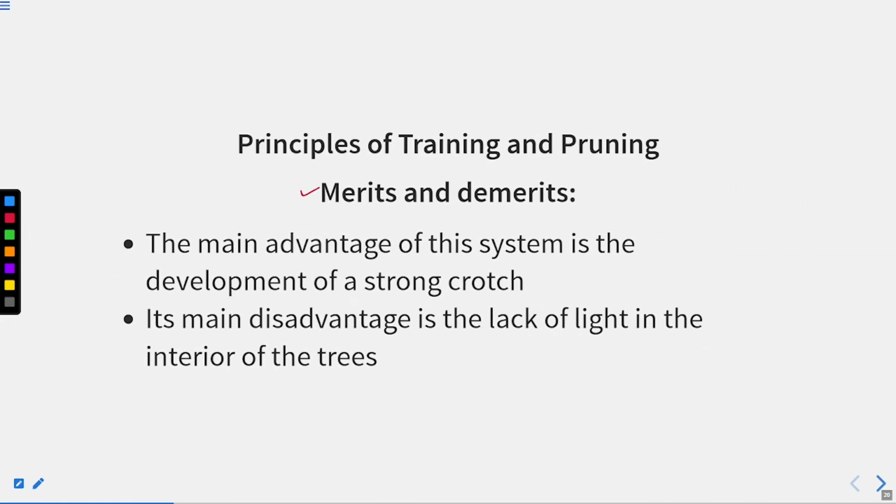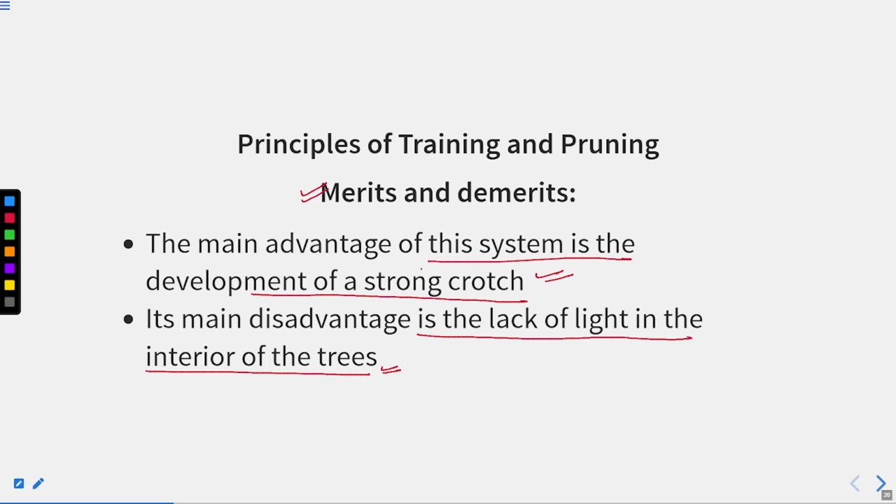Now, what are the merits and demerits of this particular system? The main advantage of this system is the development of a strong crotch. Its main disadvantage is the lack of light in the interior of the tree. It is very compact, right? So light does not reach the interior of the tree.